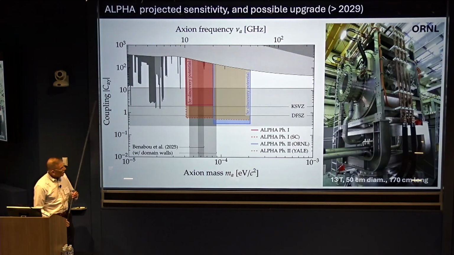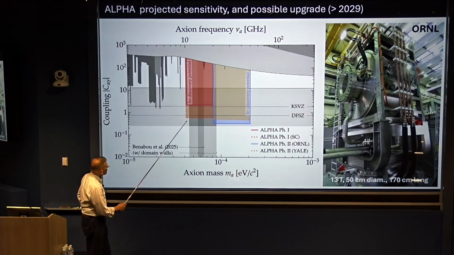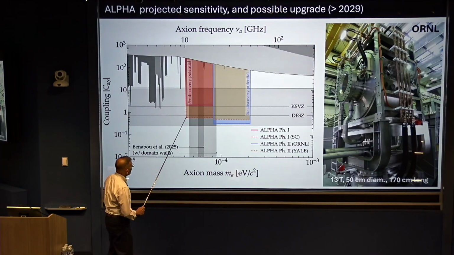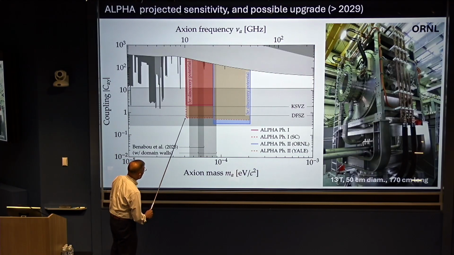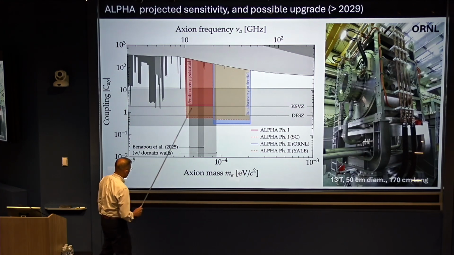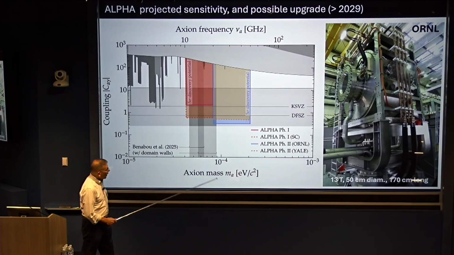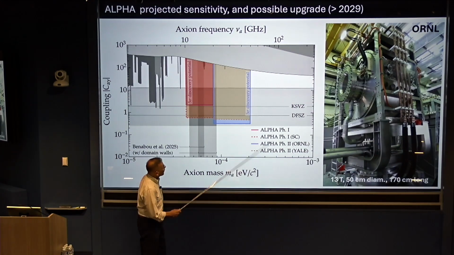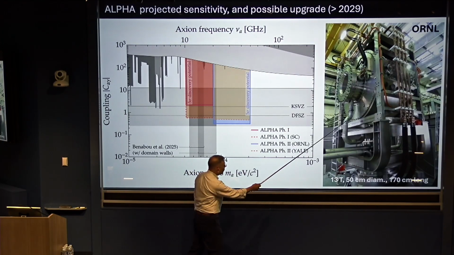Here's our projected sensitivity, both for phase 1 at normal conducting, and then phase 1 at Yale, assuming we can make magnesium diboride work. We have an upgrade path at Oak Ridge.